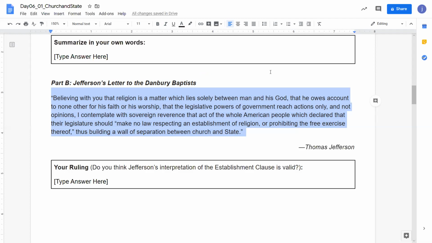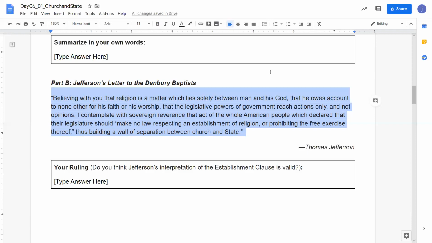It's all the opinion and the relationship between that one person and their religion, their God. So he's agreeing with that clause, make no law respecting an establishment of religion or prohibiting, stopping the free exercise of religion, and thus building a wall of separation between church and state.